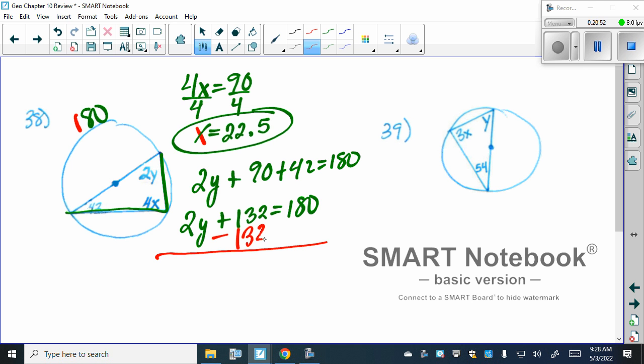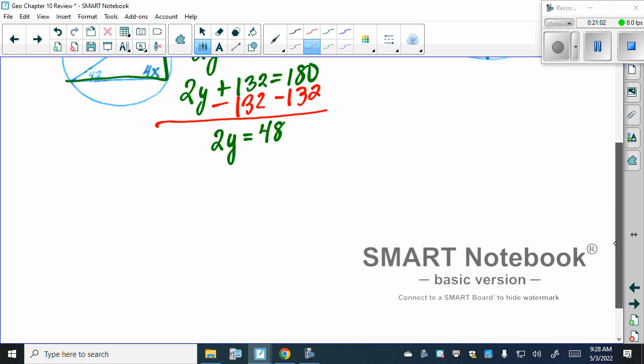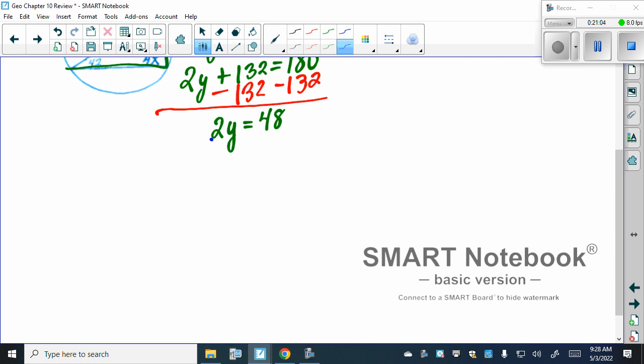Subtract 132 from both sides. 2y is equal to 48. Divide both sides by 2, so y is 24.